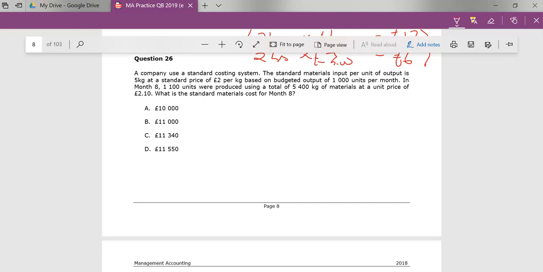A company uses a standard costing system, and when we talk about standards, remember, apart from sales, we're always talking about the inputs. The standard material input is 5 kilograms at a standard price of £2 per kilogram.